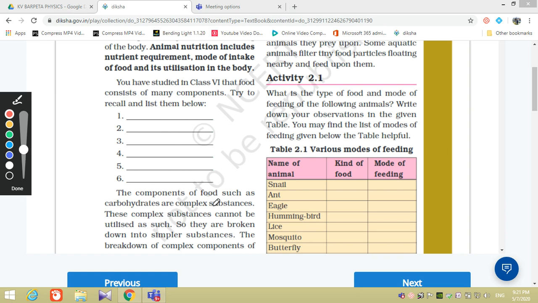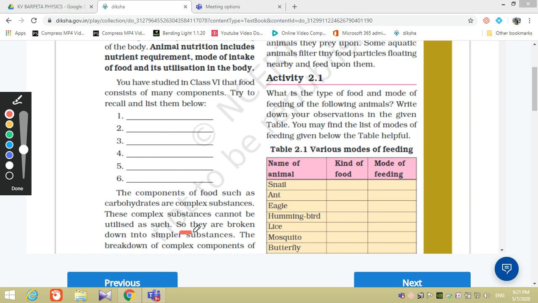The components of food such as carbohydrates are complex substances. These complex substances cannot be utilized as such. That means the complex carbohydrates, fats, proteins, etc. cannot be directly used by the body.